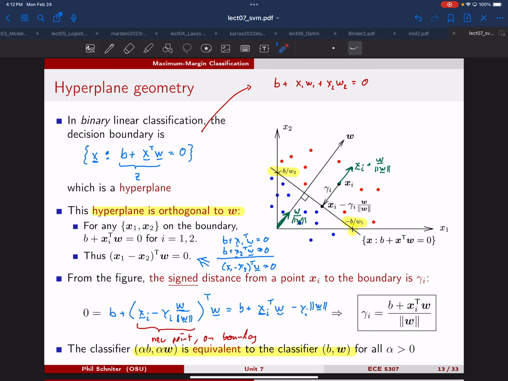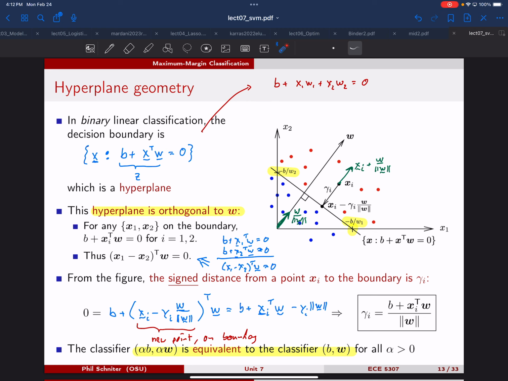That shows us that the vector between those 2 points, which is on the separating hyperplane, is orthogonal to the weight vector. So that's the next thing we talked about.